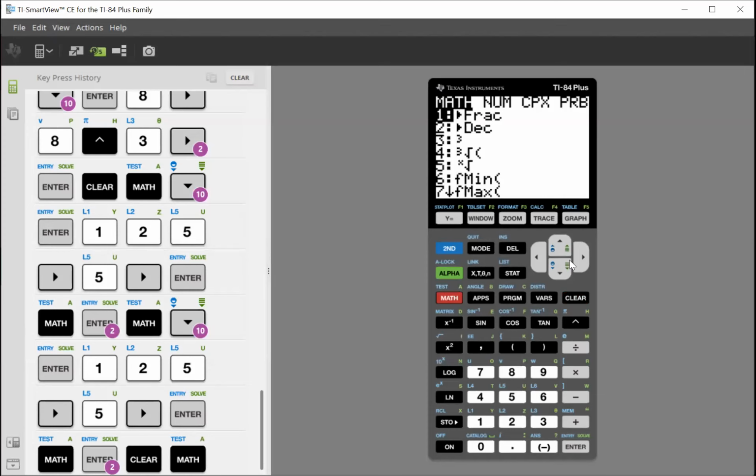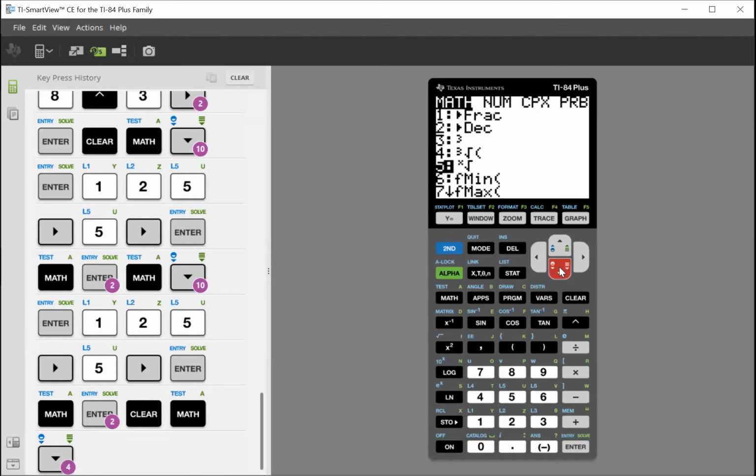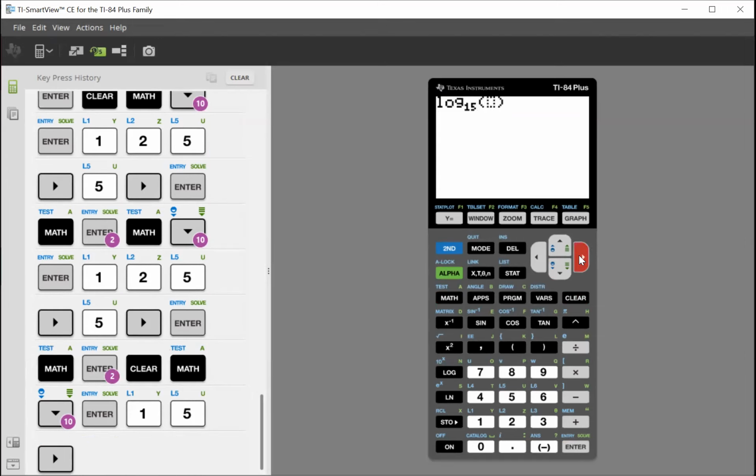So go to math and down to log base. And I had a 15 for my base. And y'all, like I said, it don't matter what base you got. If you got a 1 sitting there in that result, you're going to get a big fat 0 on that, okay?